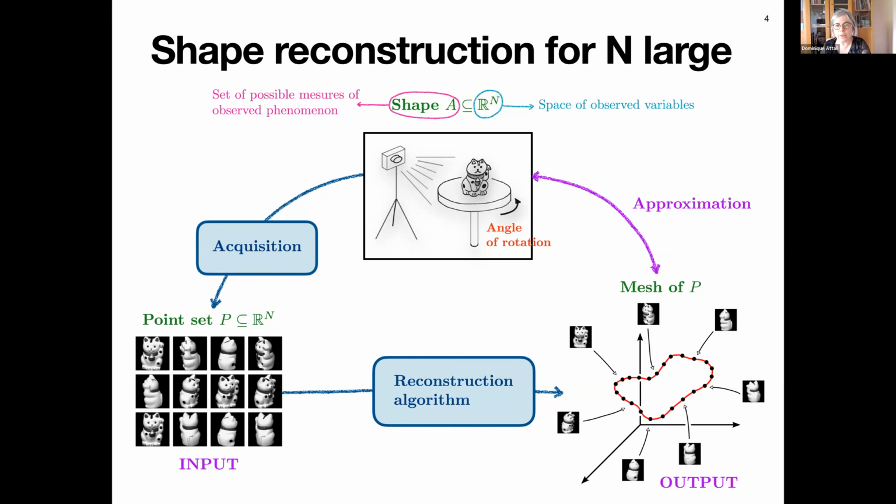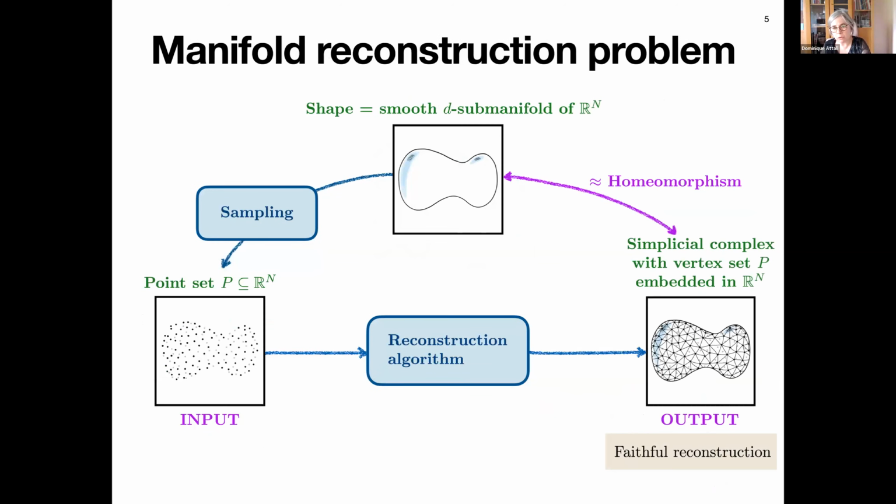Okay, so it is reasonable to assume that the shape we are considering is some smooth d-dimensional submanifold of Rn. So again, we have measured points on that shape, on that submanifold.